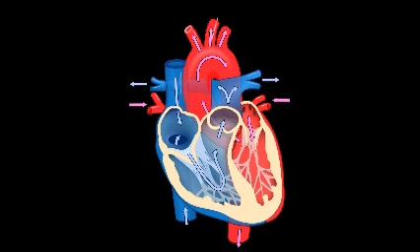Does it have time to fill? No. So when you look in the book, it'll say cardiac output equals heart rate times stroke volume. And so the extremes of heart rate either way is going to make cardiac output do what? Go down. So you're understanding that, right?